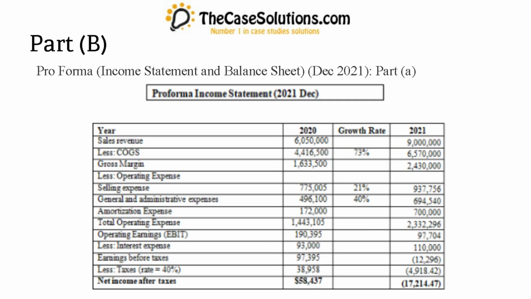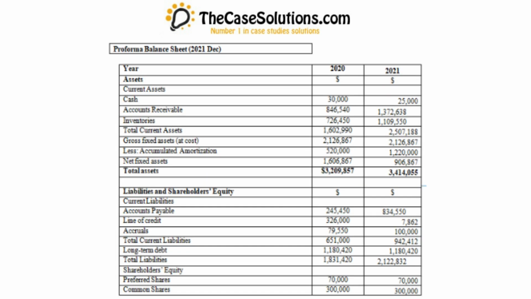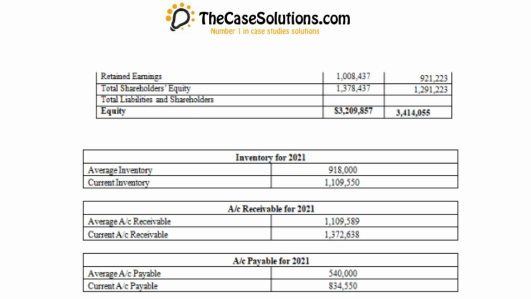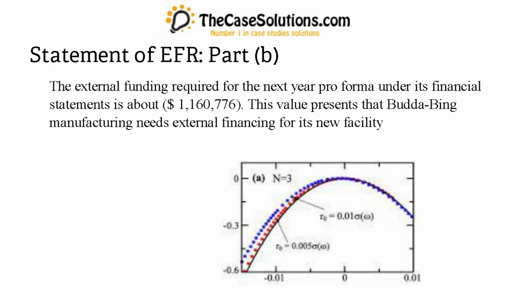Part B. Pro forma income statement and balance sheet, December 2021. Statement of EFR, Part B. The external funding required for the next year pro forma under its financial statements is about $1,160,776.